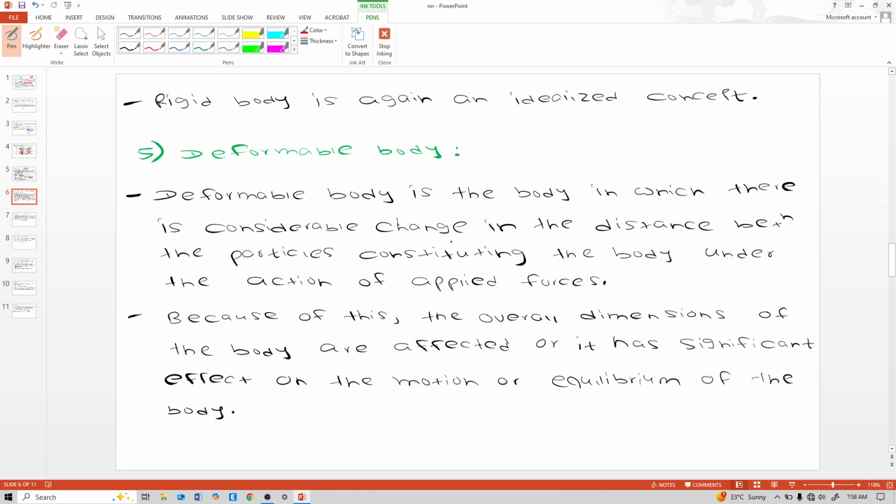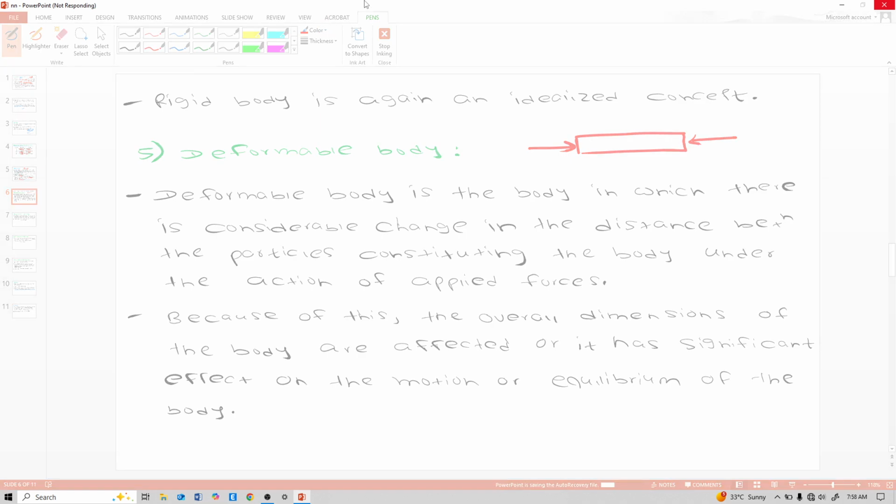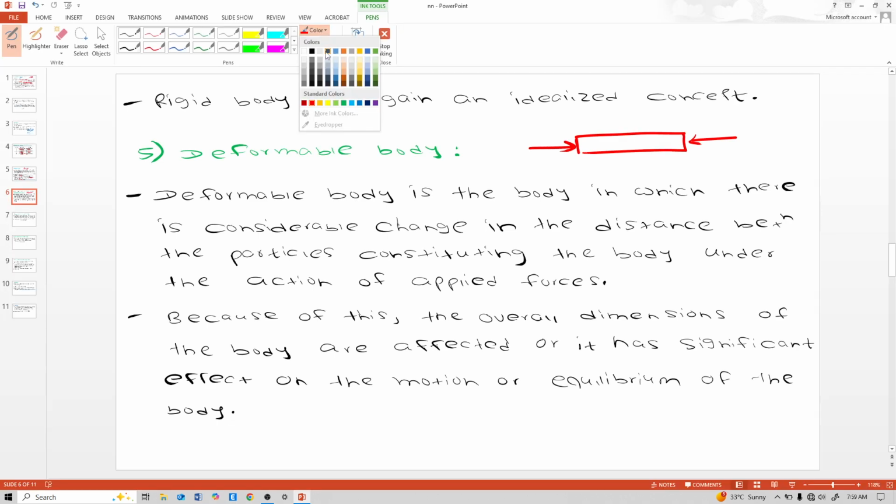Consider a deformable body as a beam, and if compressive forces act on this beam, maybe that compressive force is too high. Due to the compressive force, this beam is compressed, it changes its shape up to here.